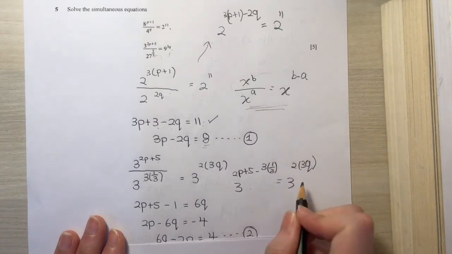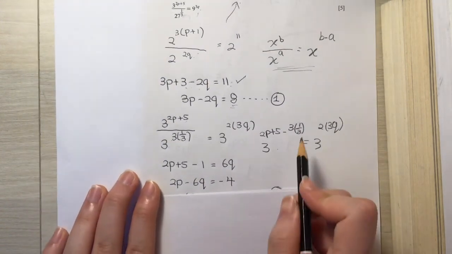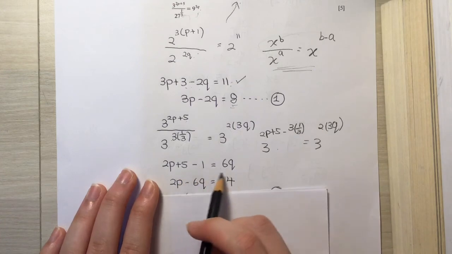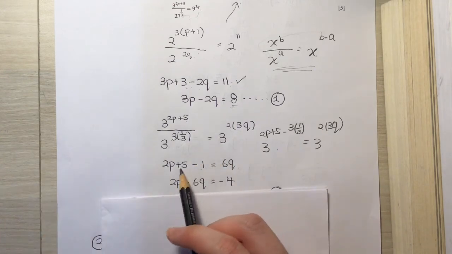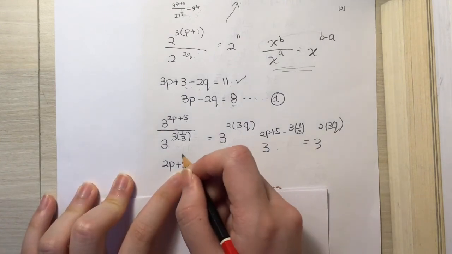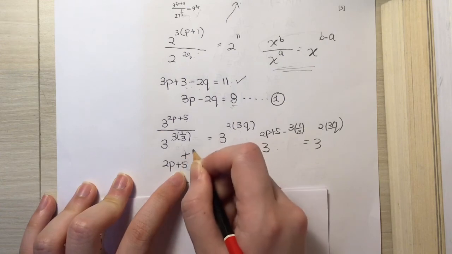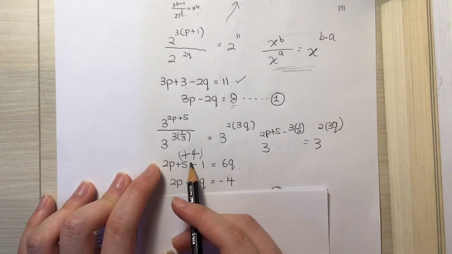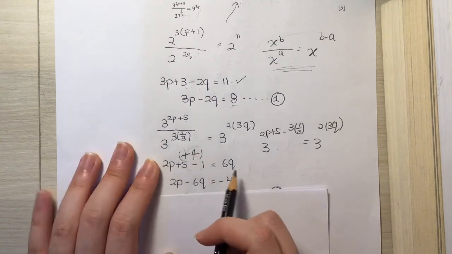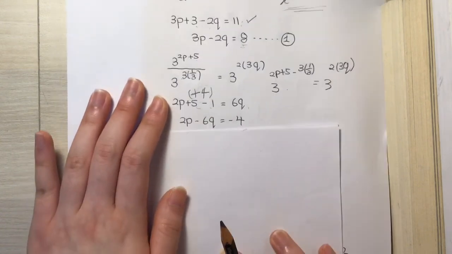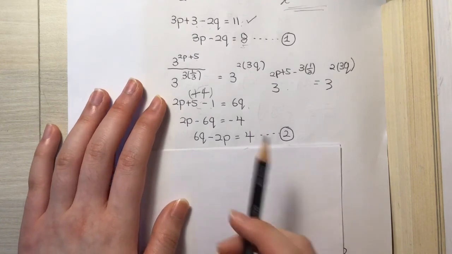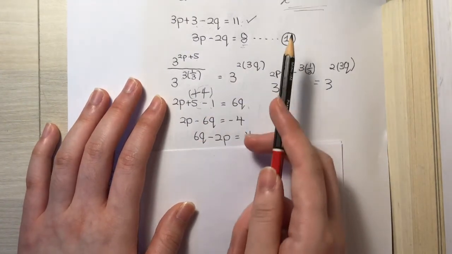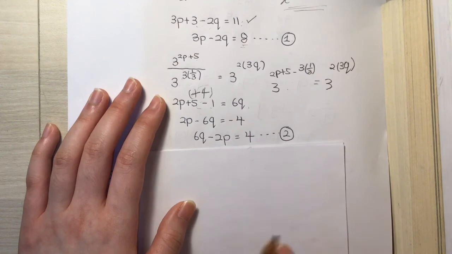Hence you can just ignore the 3 when you solve for p and q over here. As you shift the positive 4 from the left-hand side to the right-hand side, it becomes negative 4. And after that, you may label these two equations as equation 1 and equation 2.